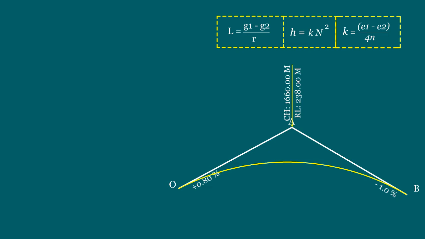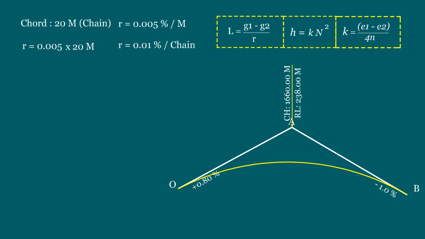It is decided to fix the pegs at uniform chord intervals of 20 meters chainage, and the rate of change of grade is 0.005%. That means the rate of change of grade for 20 meters chain is 0.005 into 20, that is 0.1% per chain.